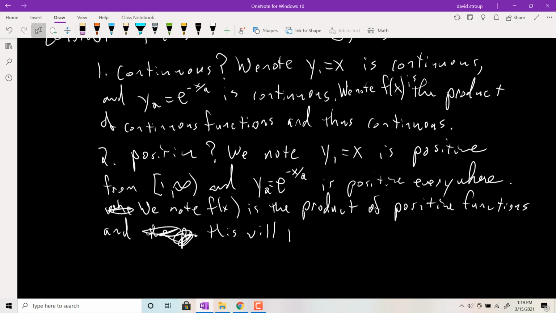So what the heck did I write? We know y1 is positive from 1 to infinity, and y2 is positive everywhere. We know f of x is the product of positive functions, and thus will be positive.